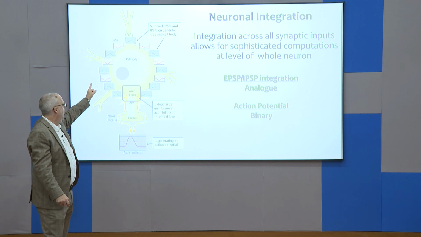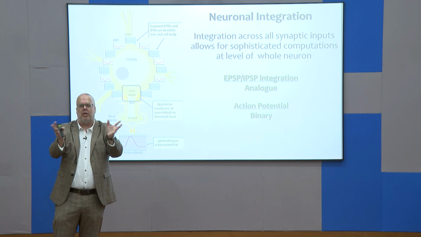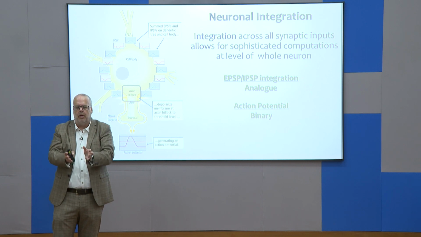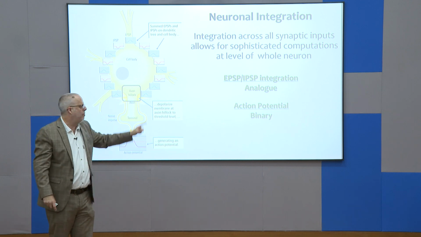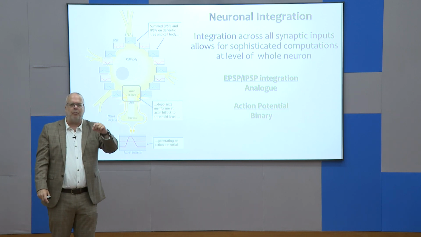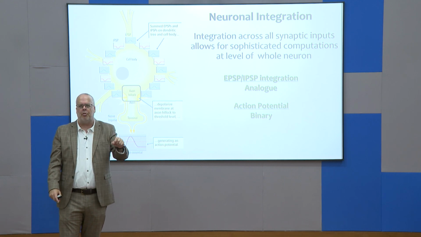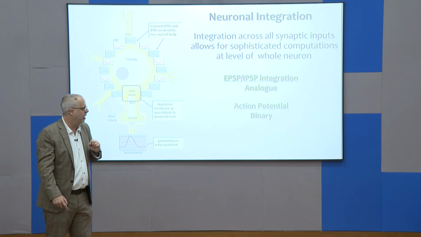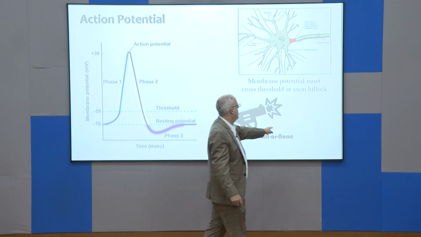So, in other words, we go from analog signaling, all of these disparate synapses and all these EPSPs and IPSPs, but the ultimate endpoint, the output of the neuron, is a binary signal. An action potential occurs or it does not. There is nothing in between. It's always binary in terms of the output. So this is what we mean by all or none.